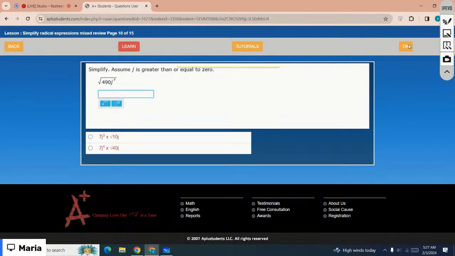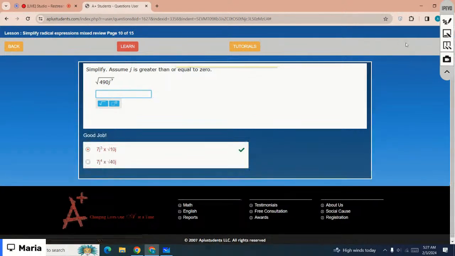Yes, that is option number 1, 7j cubed times square root 10j. Option number 1 is the correct option, 7j cubed times square root 10j. The correct option is option number 1.